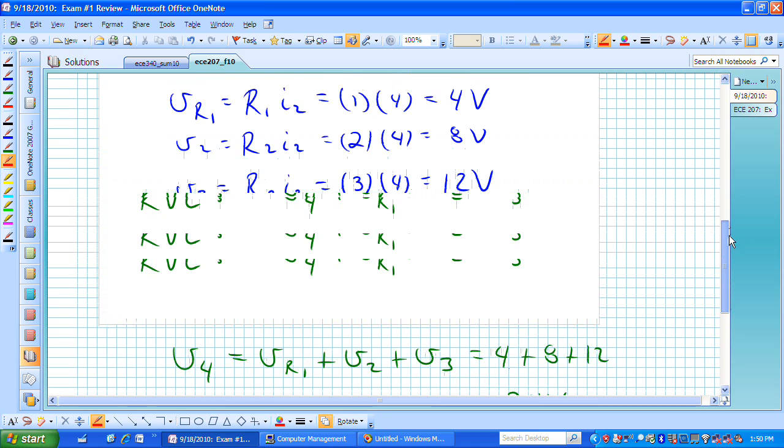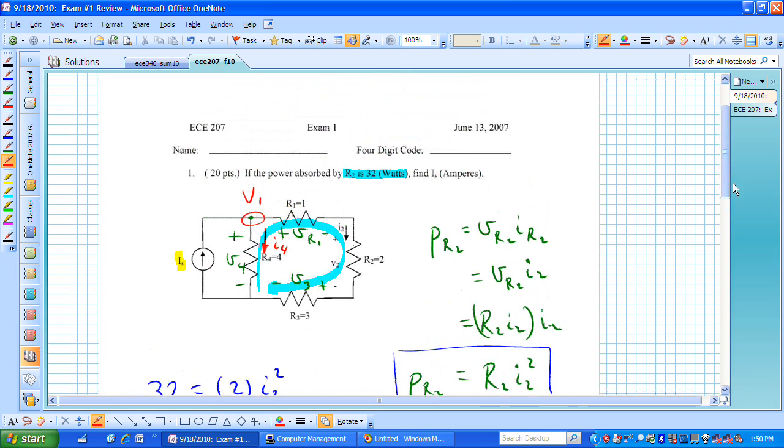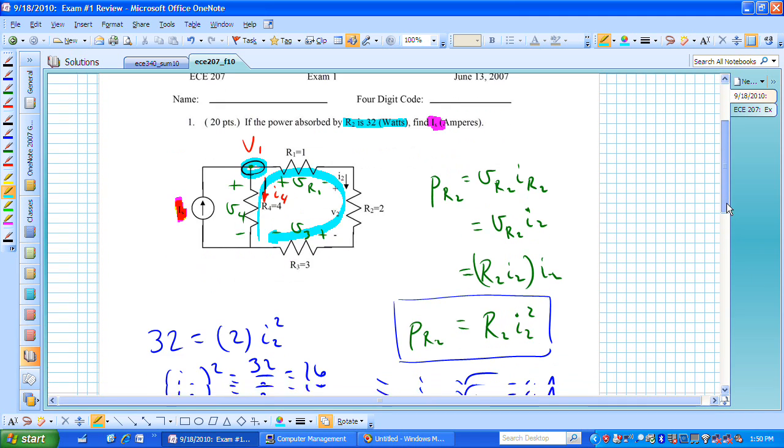The only thing remaining is to determine the quantity that we were asked to find, which was I sub S, that's this particular current source value. We can find that by applying KCL at that node that we had highlighted in red.